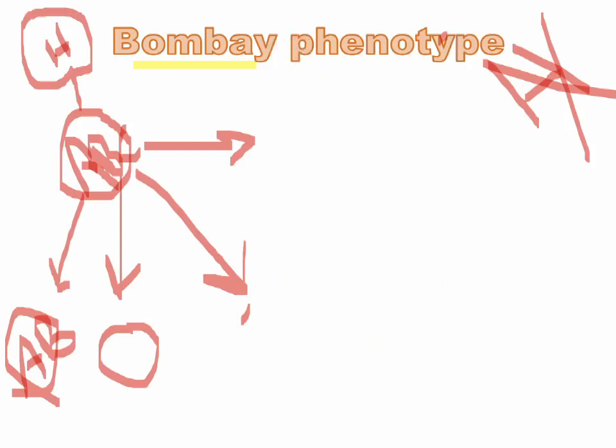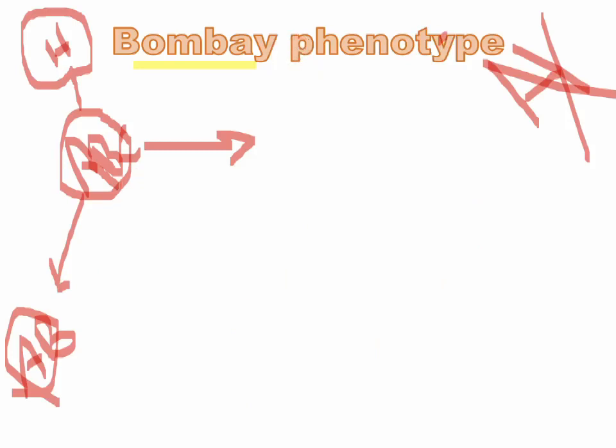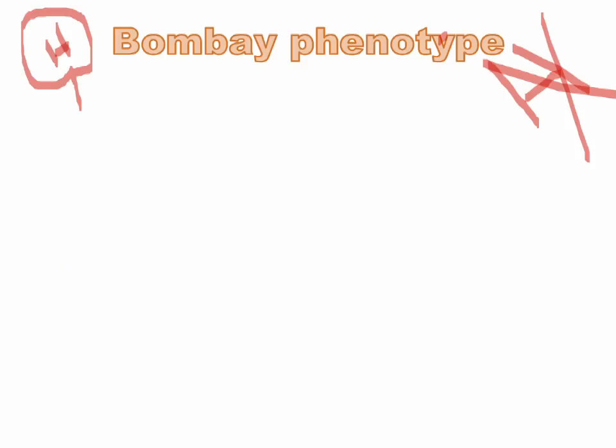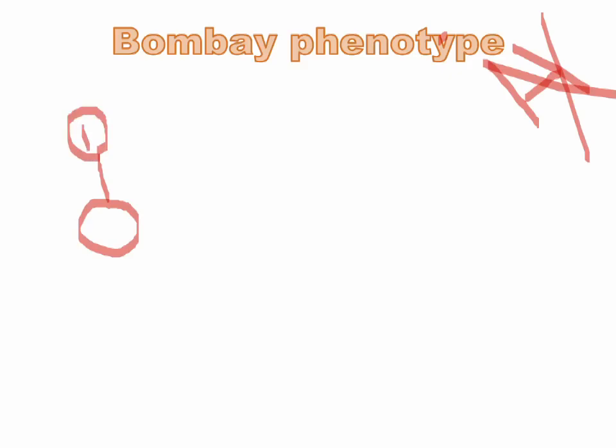So here, the person who has a Bombay phenotype will look like the O blood type, but it's an O blood type without the H antigen, meaning that, as we have previously mentioned, in the O blood type on the surface of the RBC there is the H antigen, and the H antigen will not be converted into the A or B antigen, right?